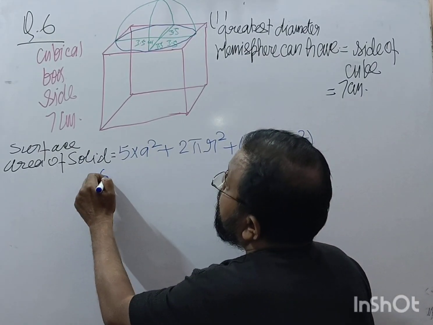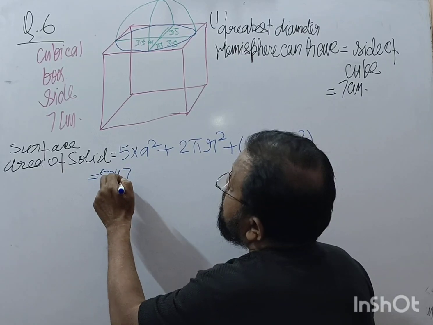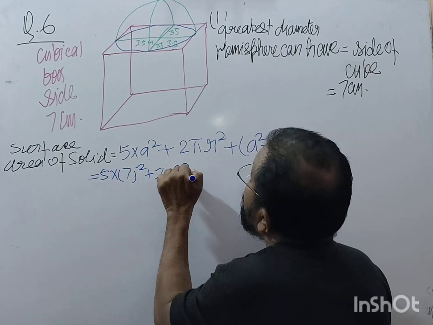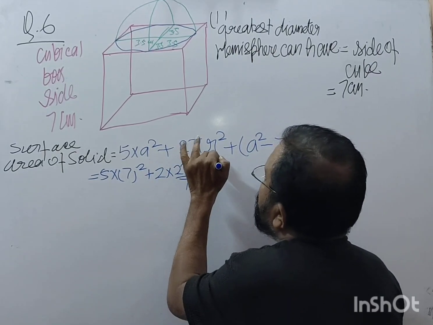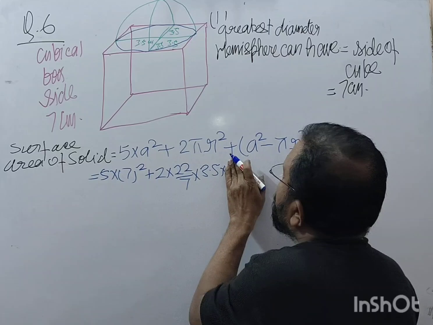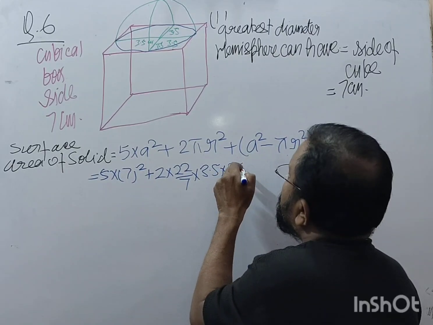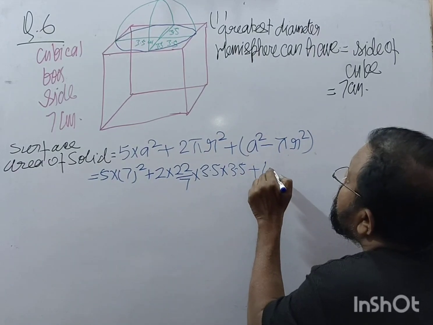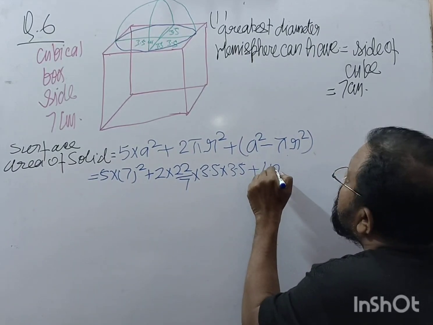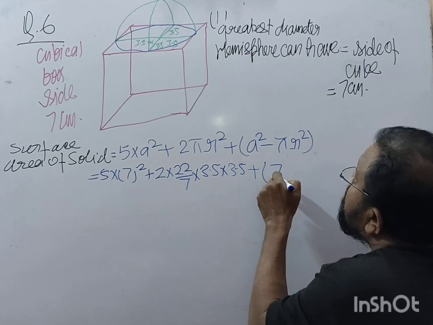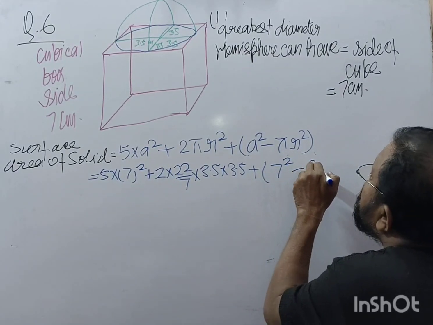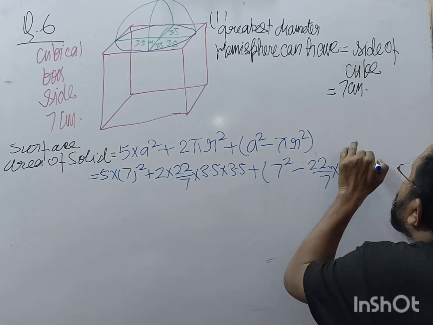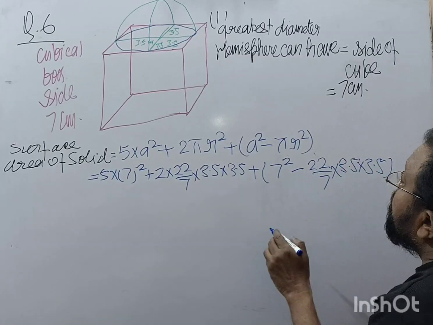It is 5 into the side 7 whole square plus 2 into 22 upon 7 into 3.5 into 3.5, the radius is 3.5, plus 7 square minus 22 upon 7 into 3.5 into 3.5, right?